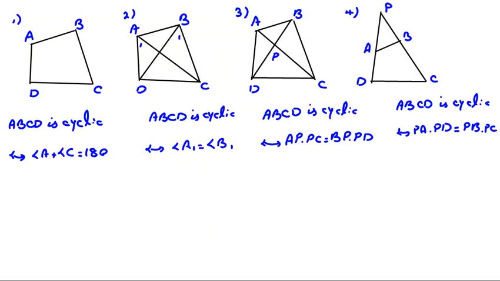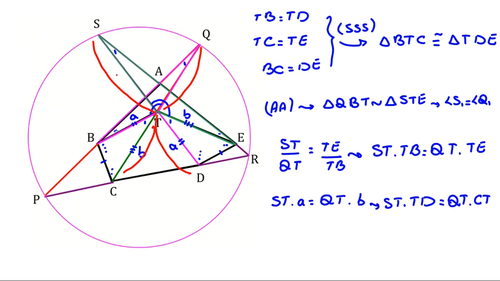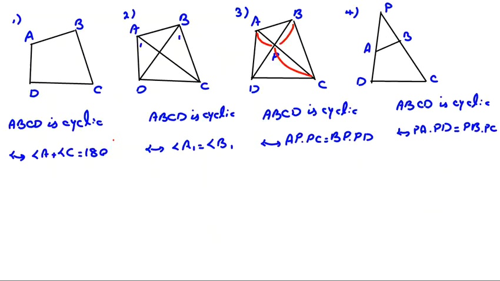It is related to one rule of cyclic quadrilaterals: AP times PC equals BP times PD, so this quadrilateral is cyclic. Now, can you tell me, because this product ST times TD equals QT times TC, which quadrilateral is cyclic? SQDC.